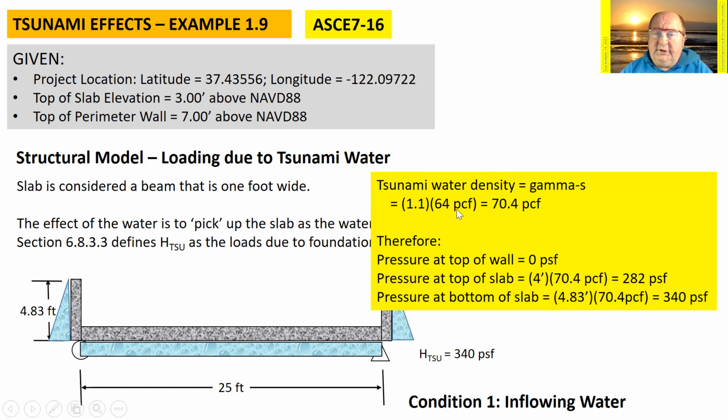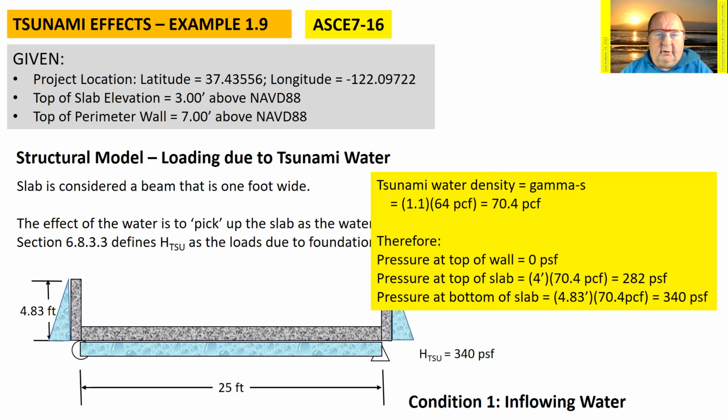But the reason we do this is because it's actually seawater from the ocean and not fresh water. But then the code also tells me I need to increase that by multiplying by this k value of 1.1. That 1.1 accounts for the fact that this wave is also carrying a lot of debris, soil, broken buildings, cars, whatever.